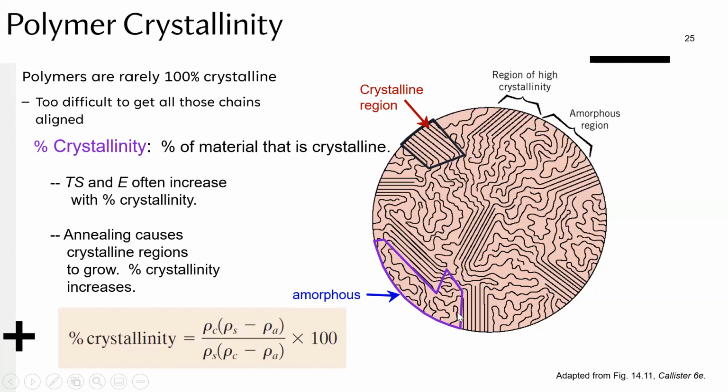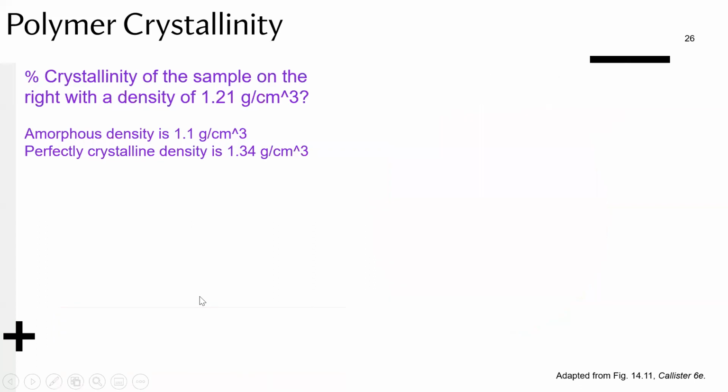If you make it crystalline, it's the best, most tightly packed structure, so you'll have minimum volume, or in other words, maximized density. So this is exactly why we use density as our metric. So here is a good example. They give you a sample that has a density of 1.21 grams per centimeter cubed.